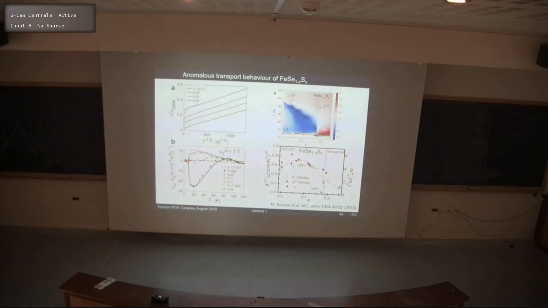So this is telling us that these critical fluctuations are somehow quenched. And our understanding so far is that there is a coupling with the lattice along certain directions, which is likely to cause this quenching of critical behavior when only nematic phases are present.